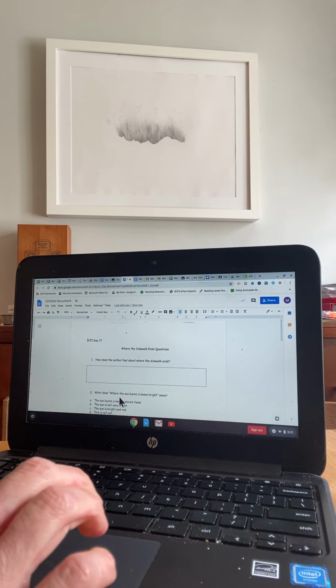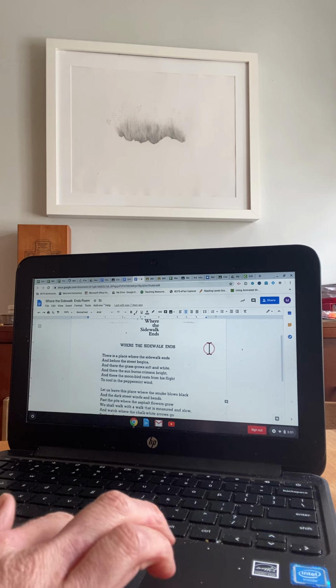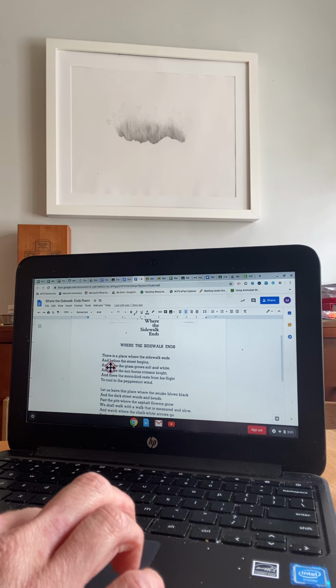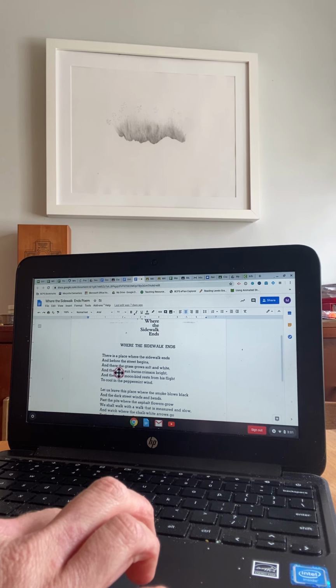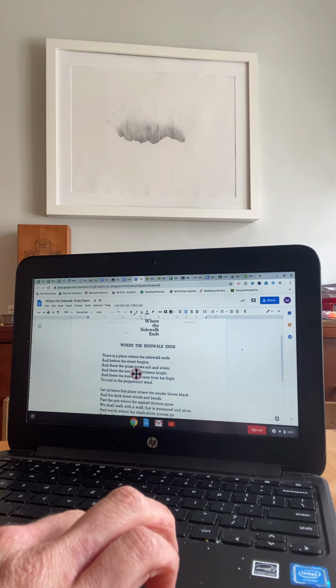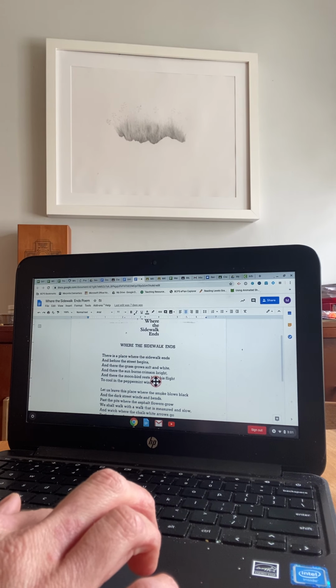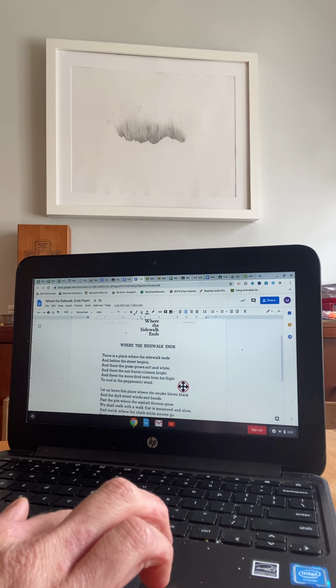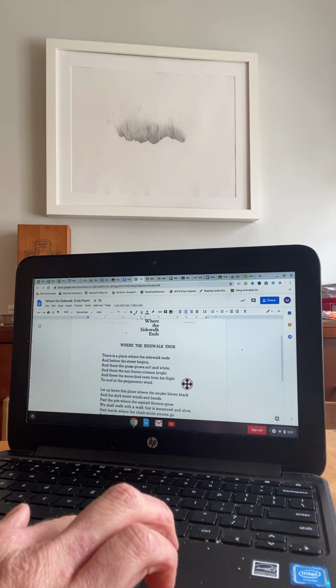Well, if we go back and look at our poem, it says, there is a place where the sidewalk ends and before the street begins. And there the grass grows soft and white. And there the sun burns crimson bright. And there the moonbird rests from his flight to cool in the peppermint wind. Okay, all of that makes me think that he really is enjoying where the sidewalk ends.